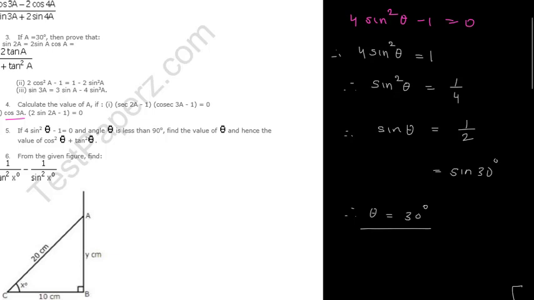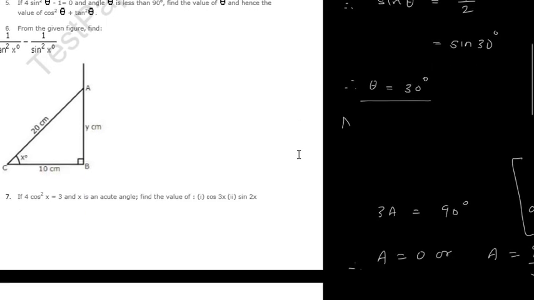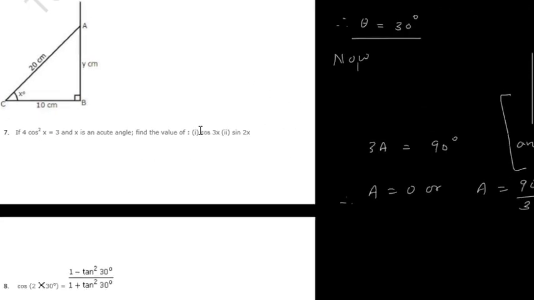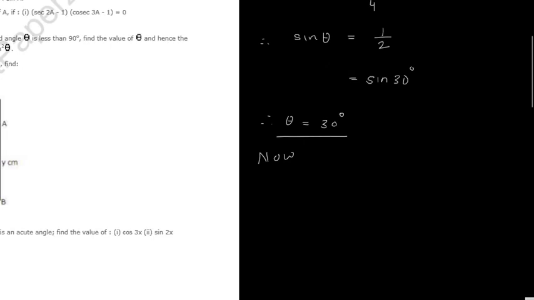So now, before that let us erase all these stuffs which are from the previous problem. Okay, fine. So now cos square theta plus tan square theta will become cos square 30 degree plus tan square 30 degree.